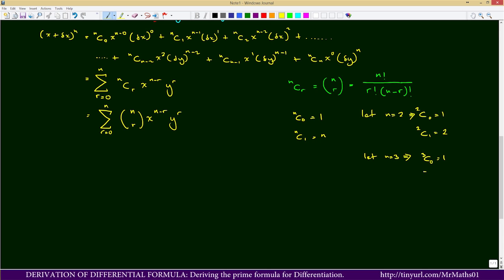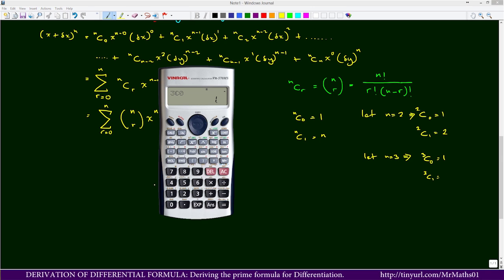And what is the value of 3C1? 3C1 is equal to 3. Alright, for the sake of proving it, let's find out the value of 3C2. It must be equal to 3 as well. Okay, and 3C3 must be equal to 1. Okay, there you go.